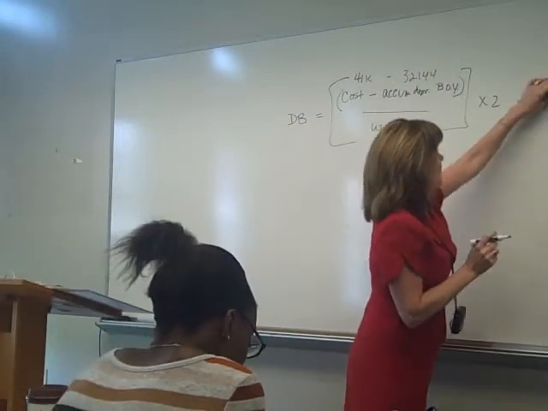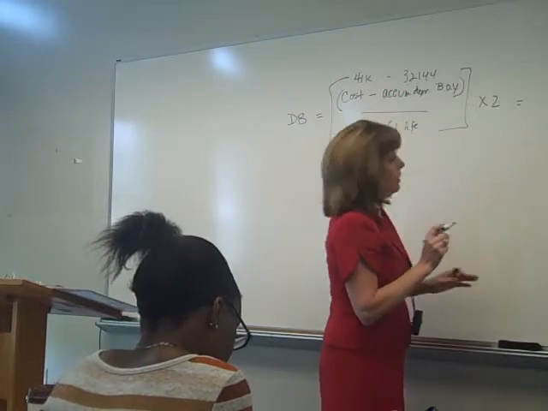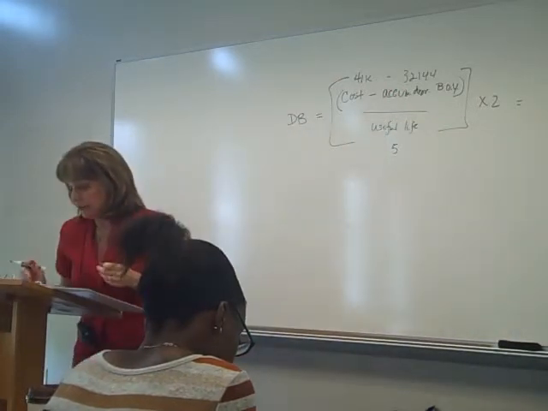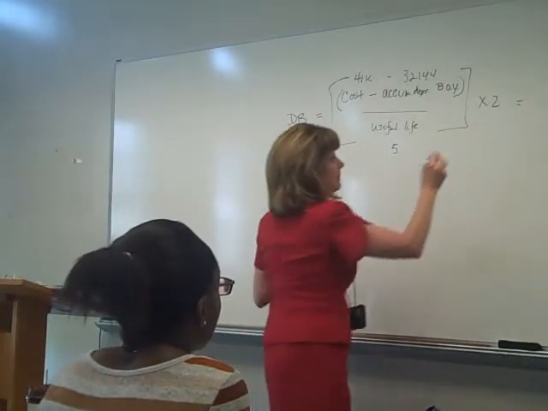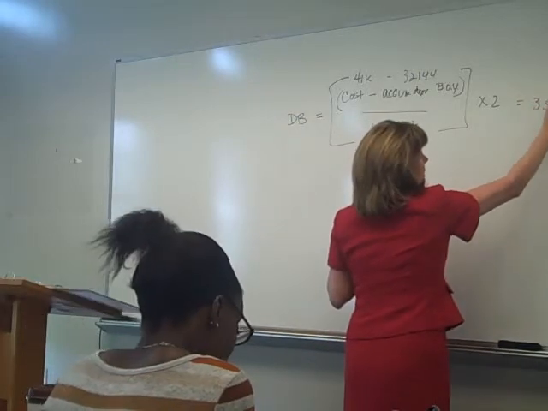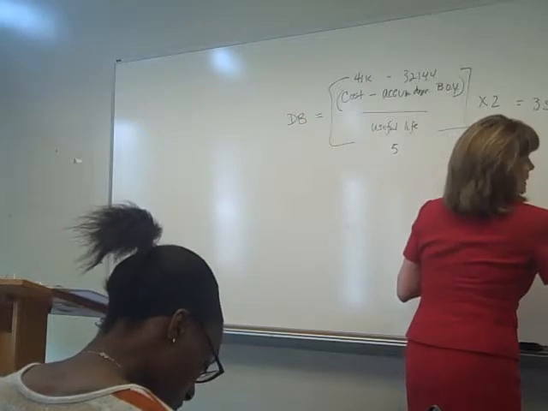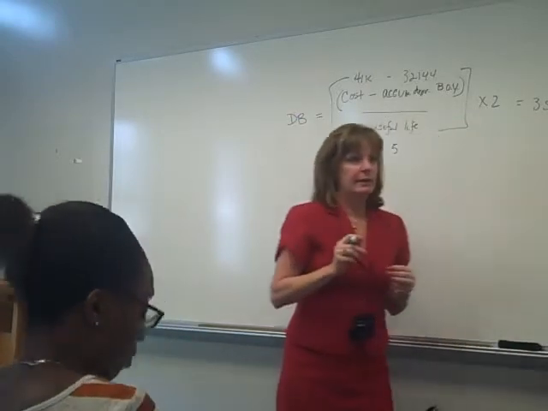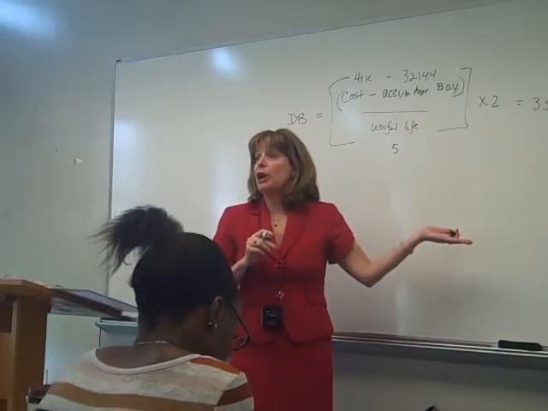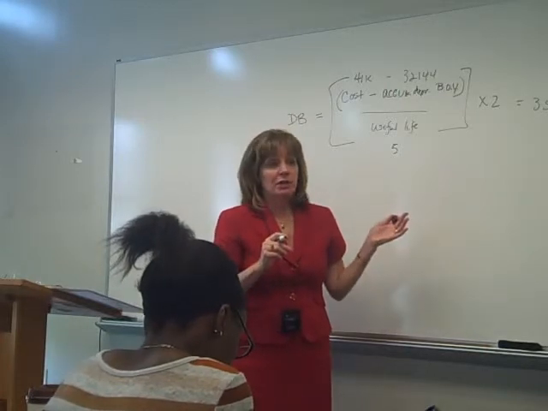Okay. And so when I do that, I get 3542. So far so good. And I make that journal entry. Am I at 40,000? I say no. The next year, it's going to be smaller.